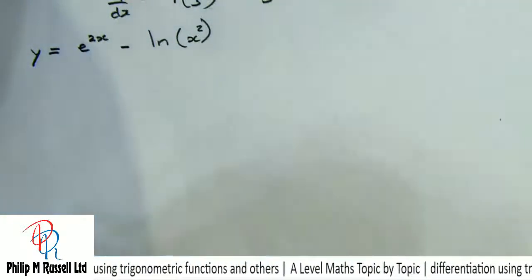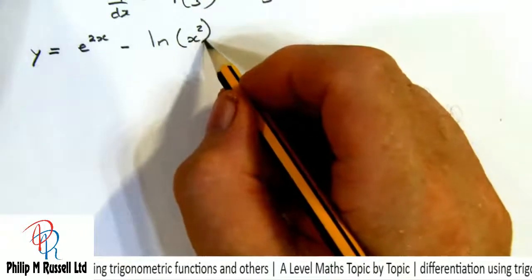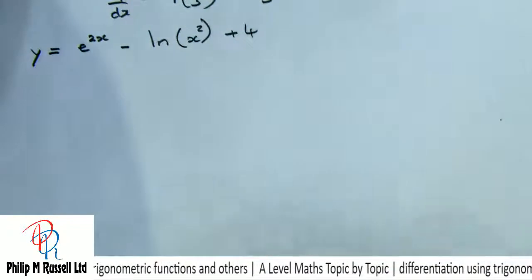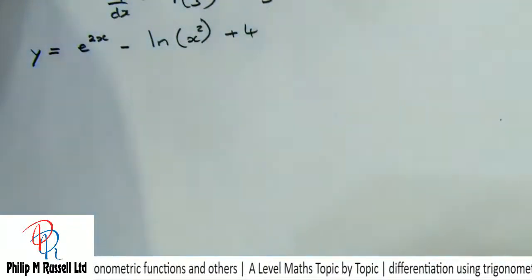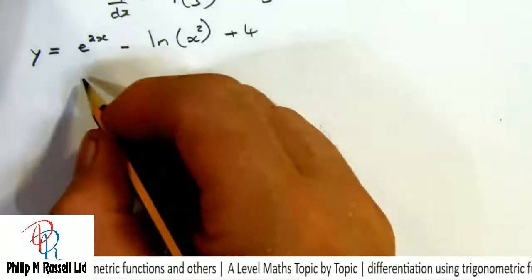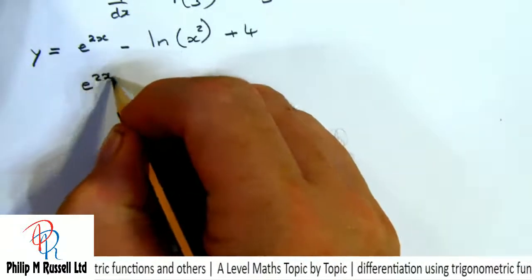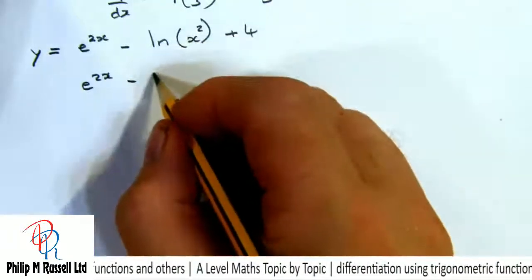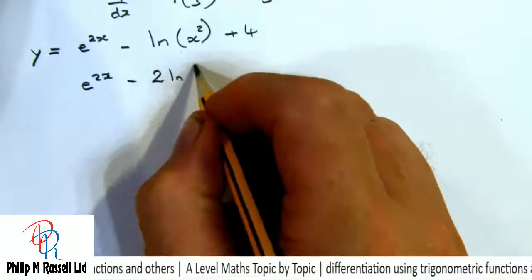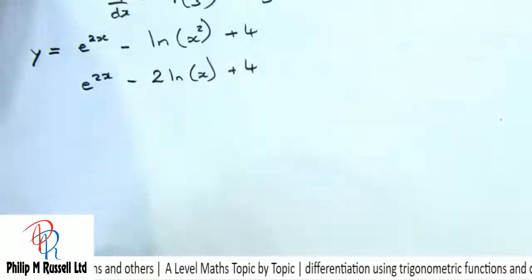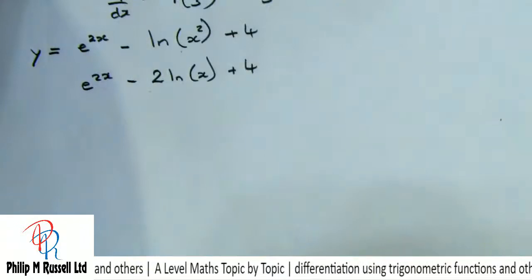Oh, let's put a number in there as well. Right. Let's sort this out. So this is still e to the 2x. This is minus 2 ln of x plus some sort of number, 4.